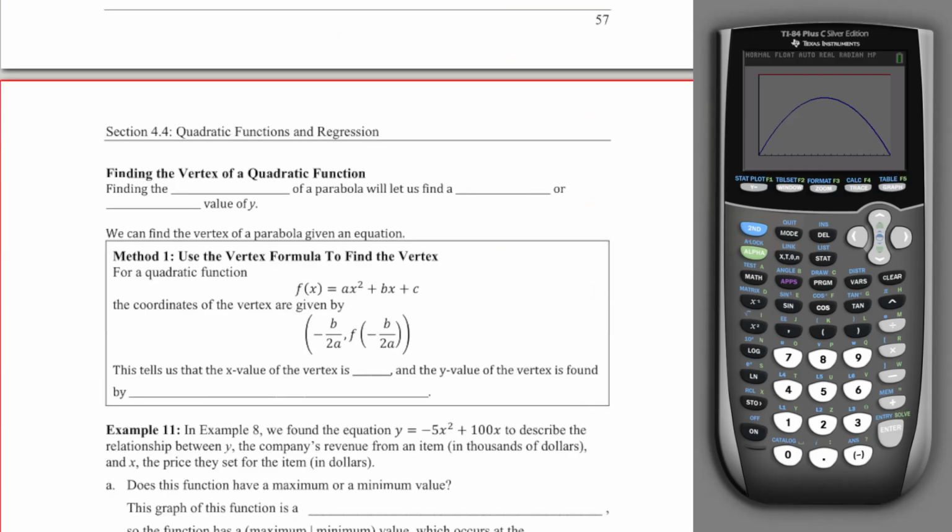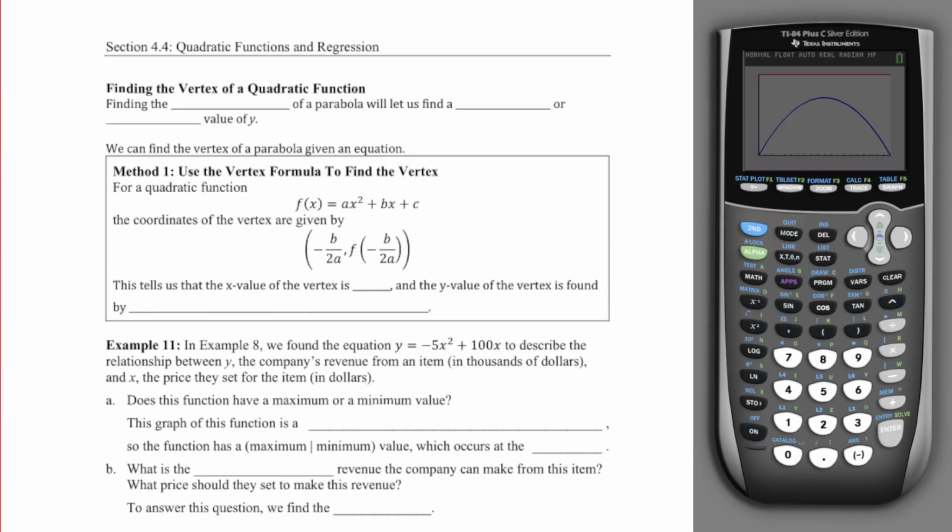Well, depending on which way our parabola opens, finding the vertex will either tell us a maximum or a minimum value of y. Right?